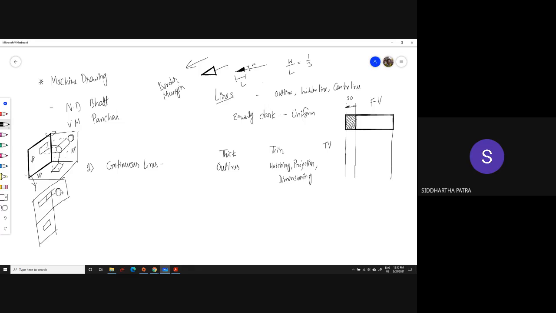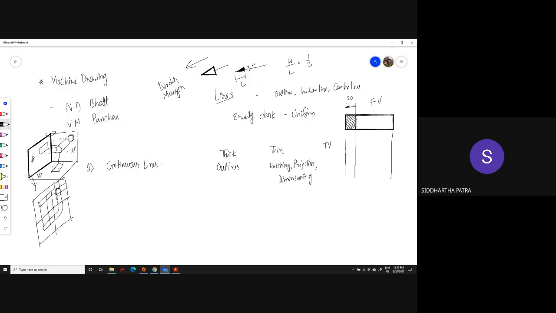So when we are actually drawing the projections, we can draw the projection lines, and for example, again in this case, we can rotate these dimensions.